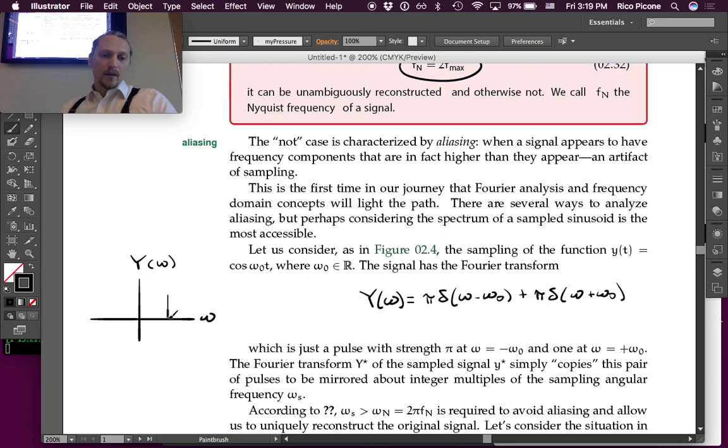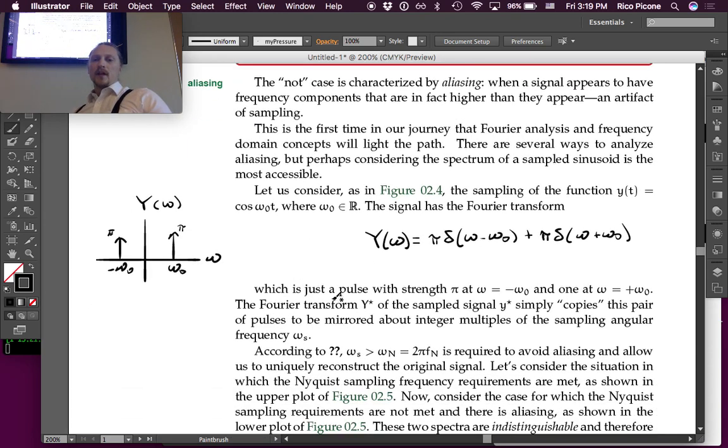there's a Dirac delta function of strength pi out at omega naught, and then there's a Dirac delta function of strength pi again at negative omega naught.